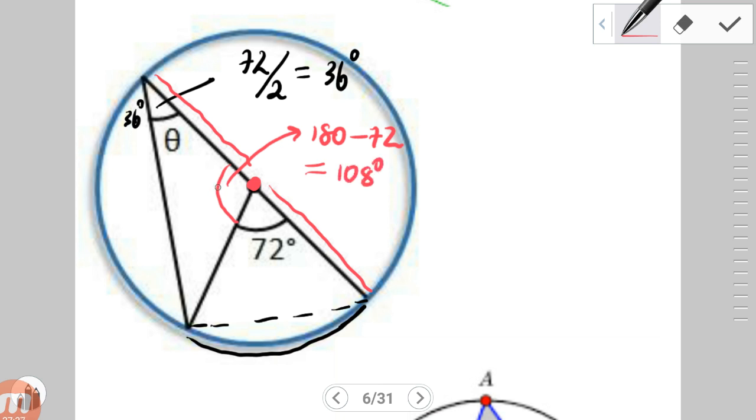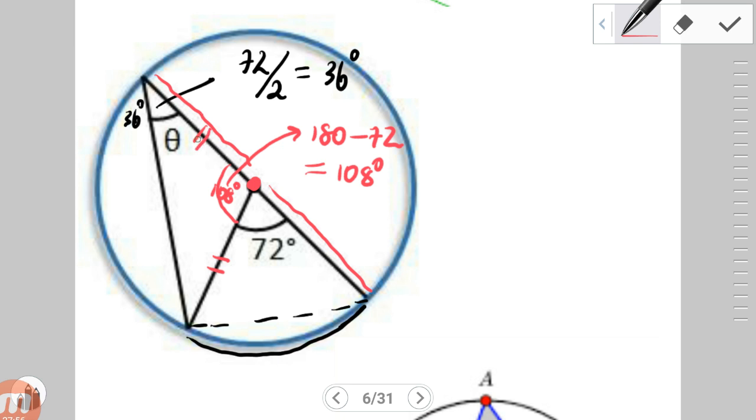Now, since this angle here is 108 degrees, this line is a radius. We said that's theorem number 1. And this line also coming from the same center point towards the other edge of the circumference is also a radius.